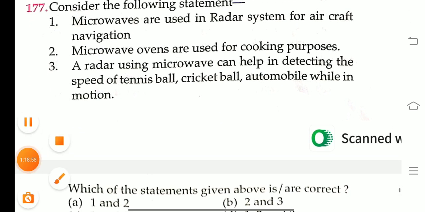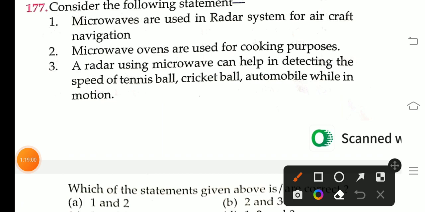Next, consider the following statements. 1. Microwaves are used in radar system for aircraft navigation. 2. Microwave ovens are used for cooking purpose. 3. A radar using microwave can help in detecting the speed of tennis ball, cricket ball, automobile while in motion.